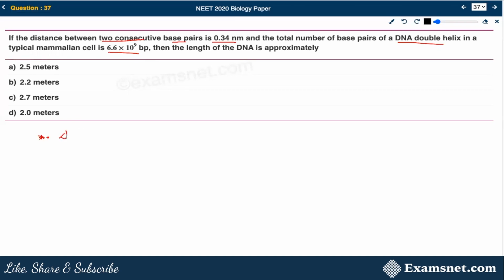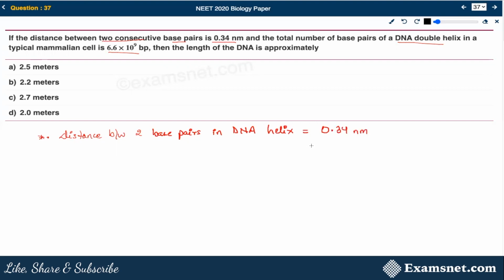So the distance between two base pairs in the DNA helix is given as 0.34 nanometer.